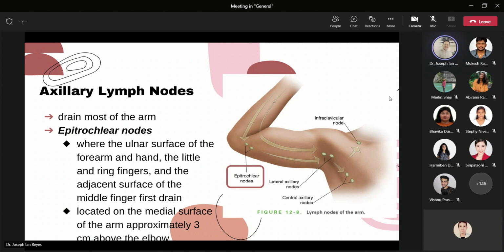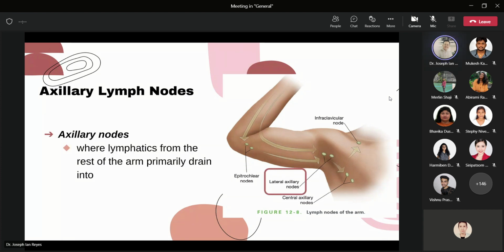But remember, the ulnar surface of the forearm, little and ring finger, and adjacent surface of the middle finger. Maybe again it will come out in the exam. Lymphatics from the rest of the arm are primarily drained there.